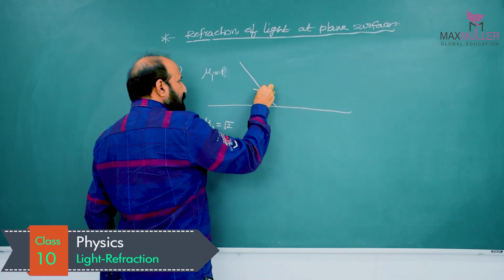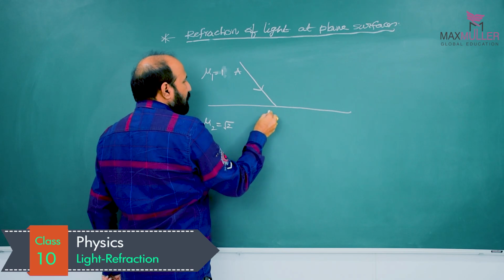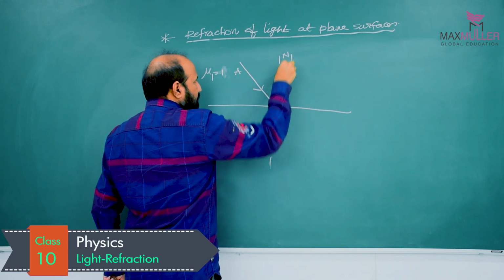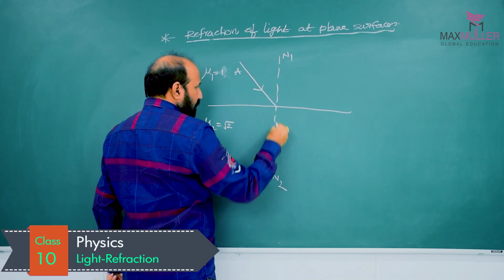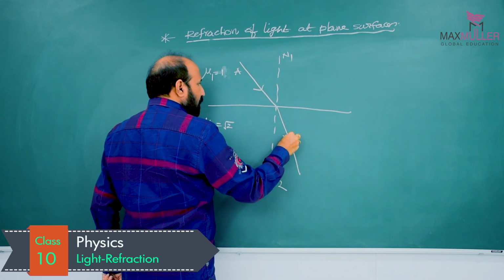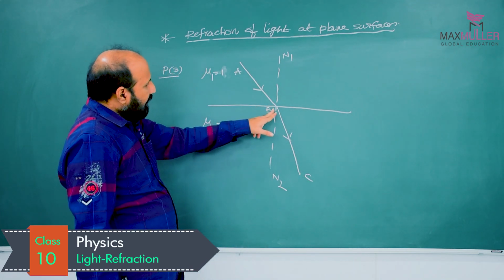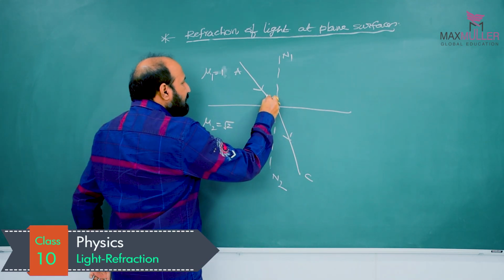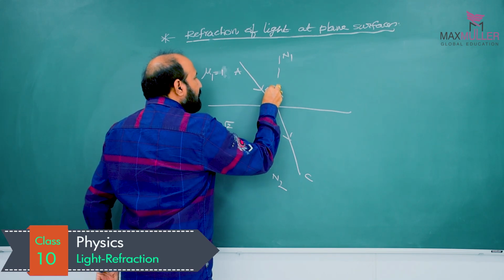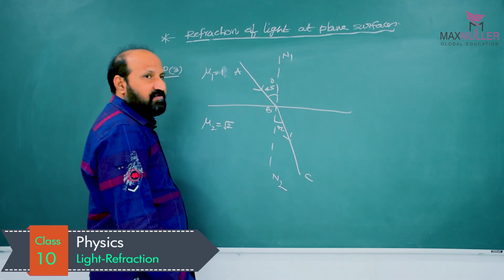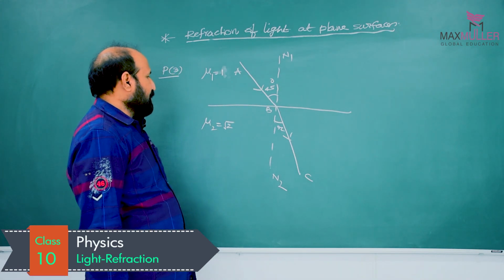Light travels from rarer to denser, and this is the normal. So this is the incident ray, this is the refracted ray, this angle is 45 degrees. Find the angle of refraction and angle of deviation.